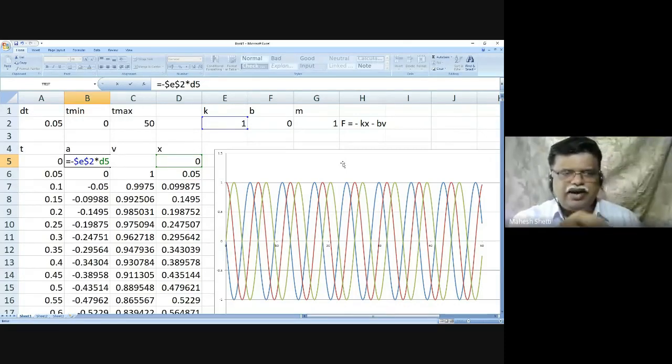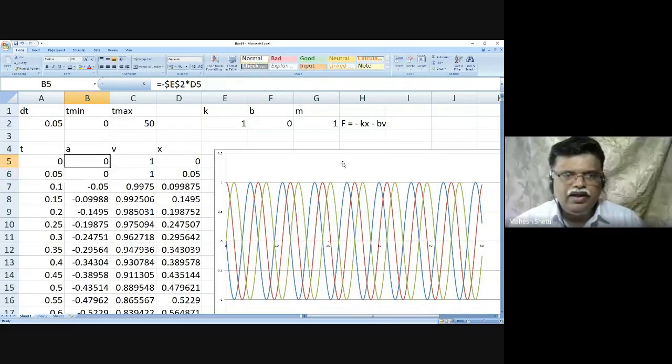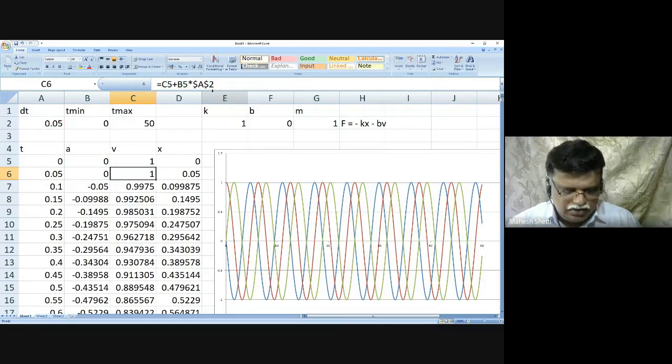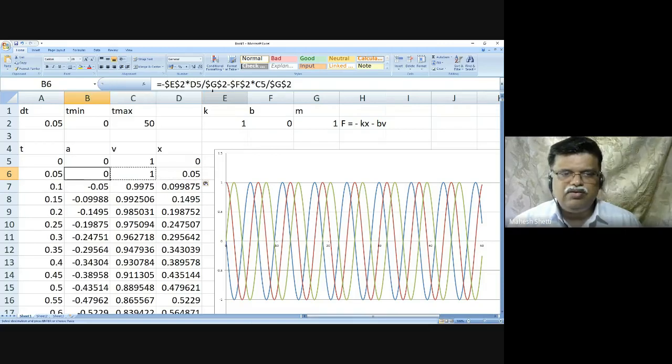So let me just write minus kx here. I can use the same formula down, but here I had used the earlier acceleration, used here d phi in place of the new acceleration, and I had done the same thing for velocity.